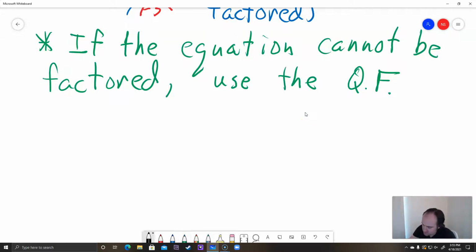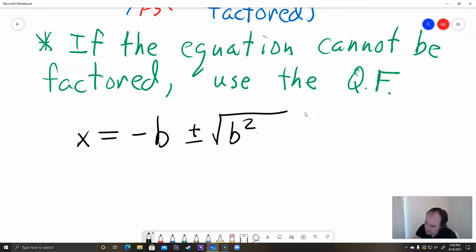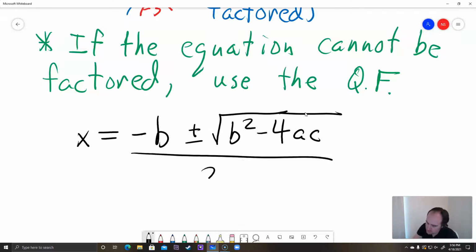Okay, and the quadratic formula says x equals negative b plus minus the square root of b squared minus 4ac all over 2a. Now, the quadratic formula can only be used on a quadratic equation.